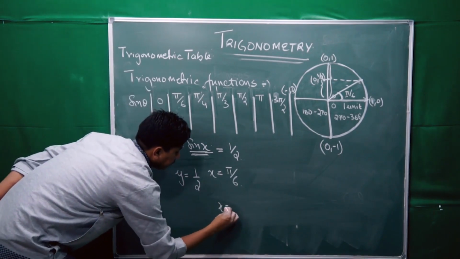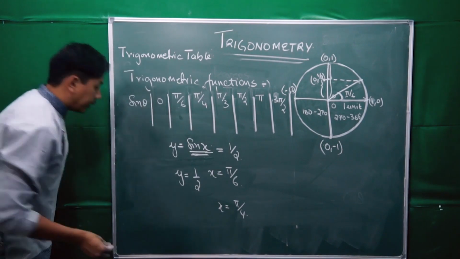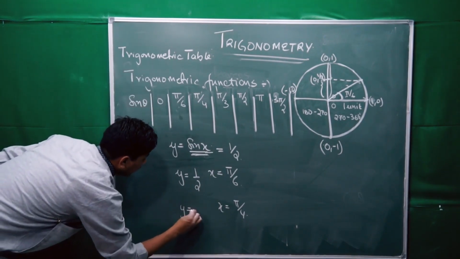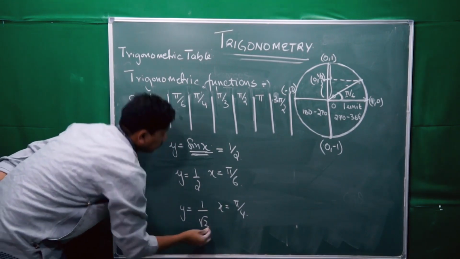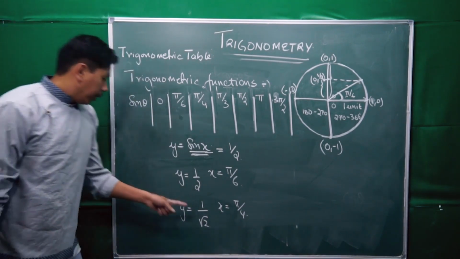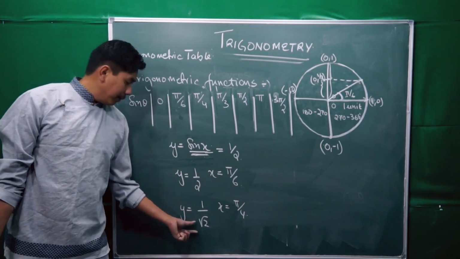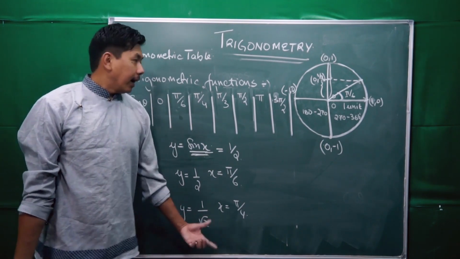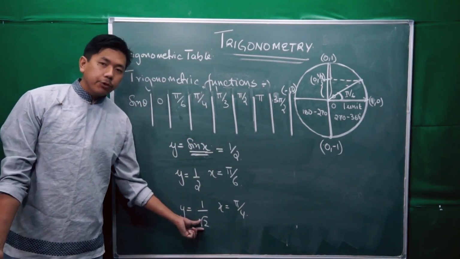For x equals pi by 4, the value is slightly increased. Y is equal to, as we know, 1 by root 2. Okay. So 1 by root 2 is slightly greater than half. Simple. Why? Because the denominator is becoming smaller.